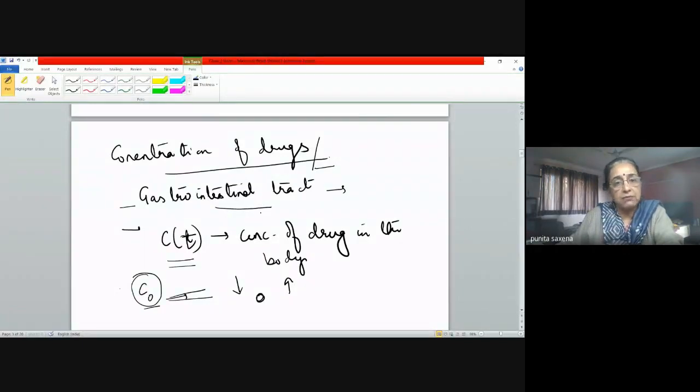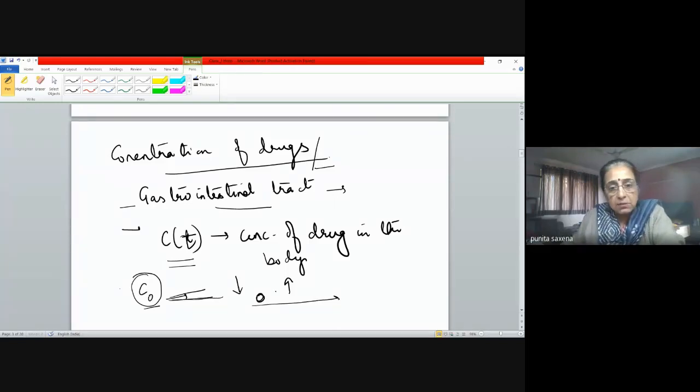It has its effect, and the concentration gradually decreases, and a stage comes when it will not be in our body. So what do we do then? We take a second dose. Again the concentration is enhanced, and the process goes on.